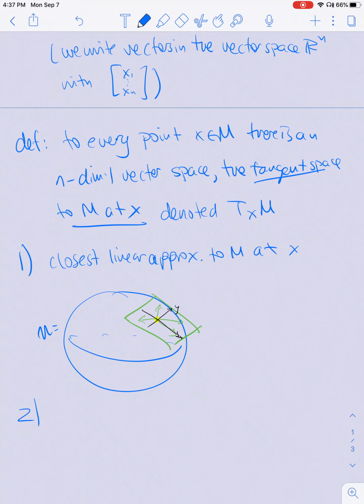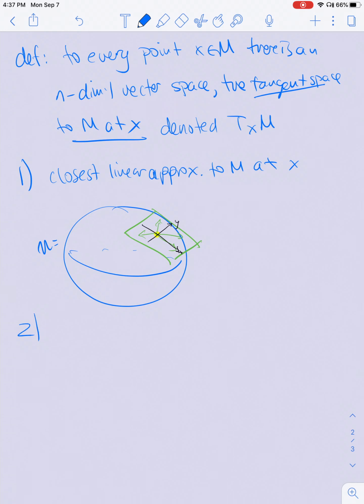So the second way I have of thinking about the tangent space is if I take some coordinate chart and take the composition.